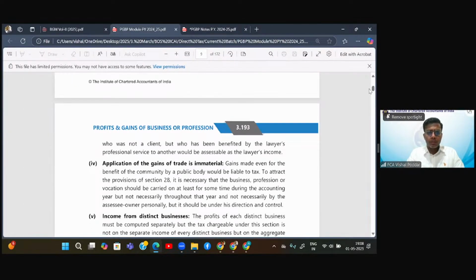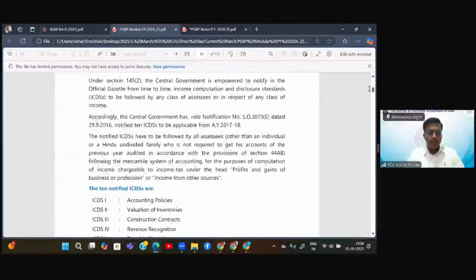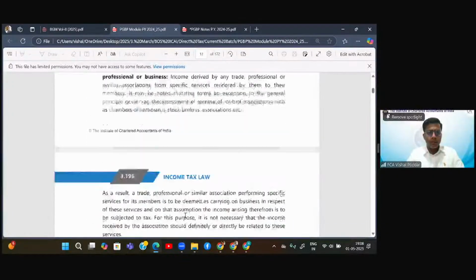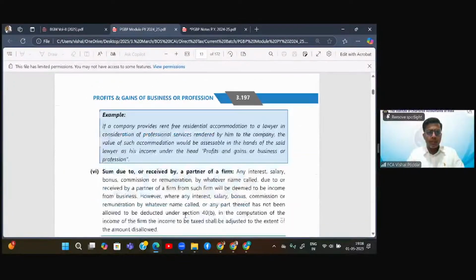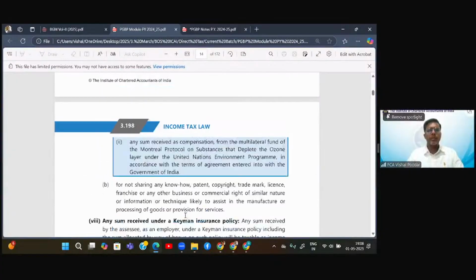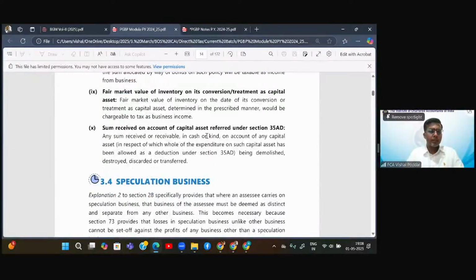And if you remember section 28, when we studied, I had left the last point. I said I'll explain that point when we study 35AD. So this was the last point. What it says: sum received on account of capital asset referred to in 35AD. So when this asset is sold or demolished, discarded, etc., the sale value, that is the sum received, will be considered as PGBP income.